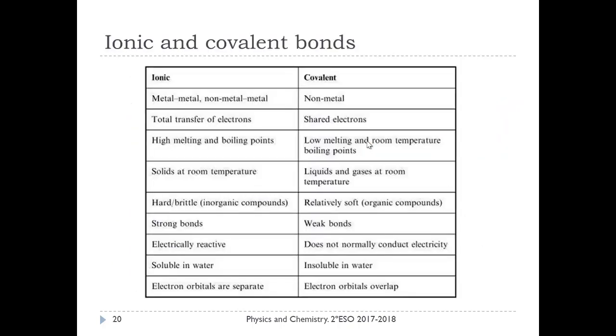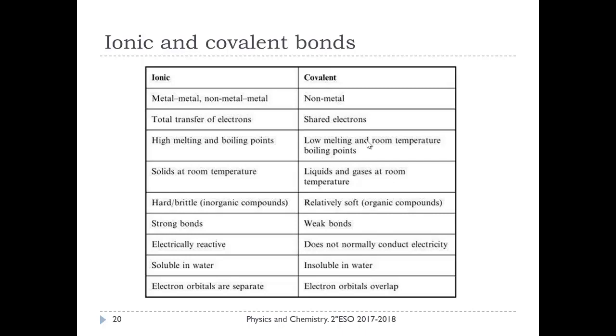When atoms come together, they can form bonds. The two that we've studied in this course are ionic and covalent. Here are the differences between them. Ionic bonds are between metal and metal or non-metal with a metal, and covalent bonds are made between two non-metals. They are mostly opposites.